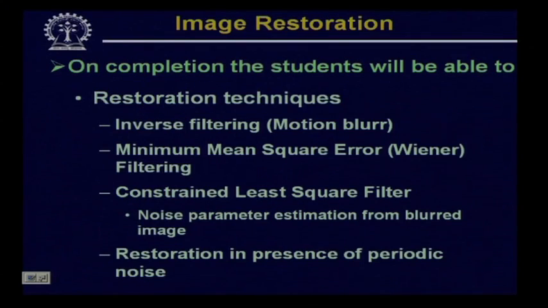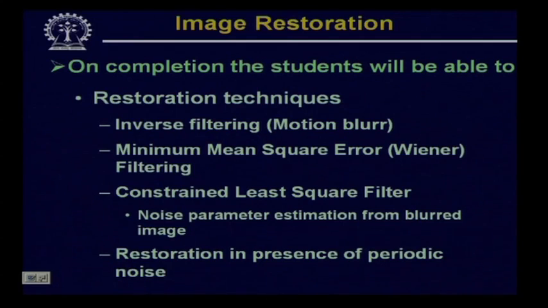In today's lecture we will see the restoration of the motion blurred image using the inverse filtering technique. In our last class we have seen the inverse filtering technique where the image was degraded by the atmospheric turbulence model. We will also talk about the minimum mean square error or Wiener filtering approach for restoration of a degraded image.